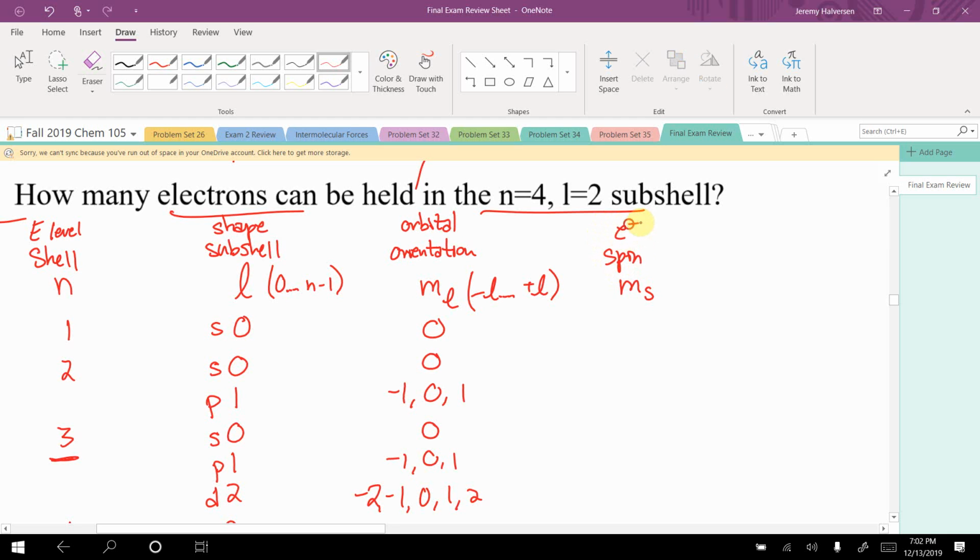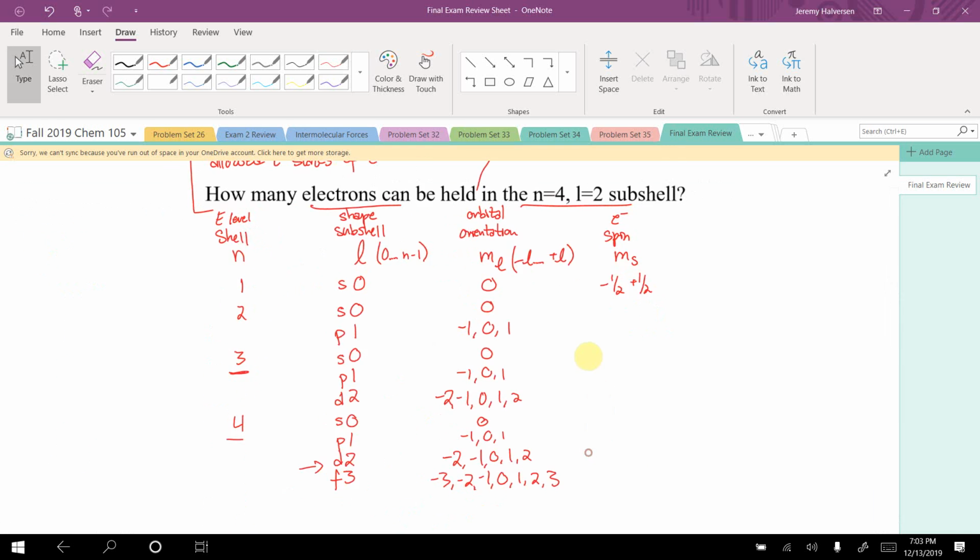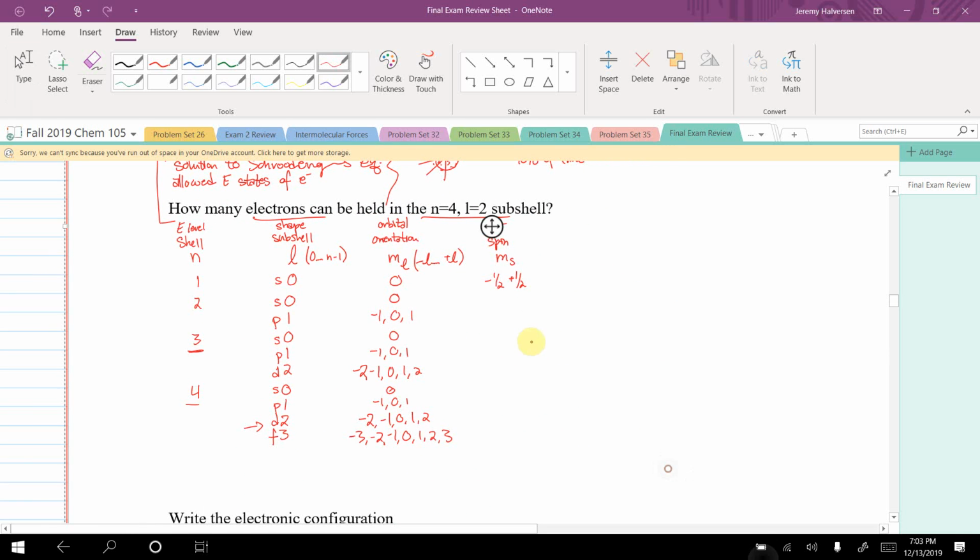It's the spin. It tells us about a particular electron. What are the values for it? Minus 1/2, plus 1/2. All that means is that each orbital can have 2 distinct electrons in it. So, we just said that in n equals 4 and L equals 2, there are 5 orbitals. So how many electrons? 10 electrons. Because each orbital can have 2 electrons.